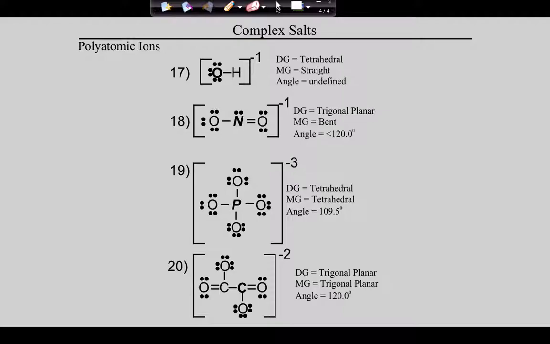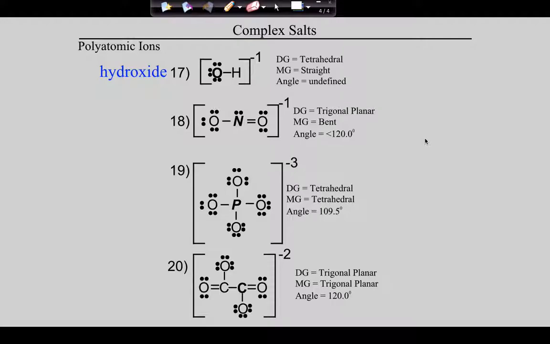Starting with OH, if you scan down the left-hand column at the bottom, you'll notice that, as it says on the board, OH has a charge of -1, or 1 negative. Those are the same. OH is about two-thirds of the way down, and the name of this polyatomic ion is hydroxide.